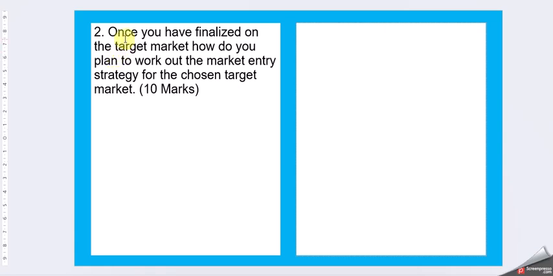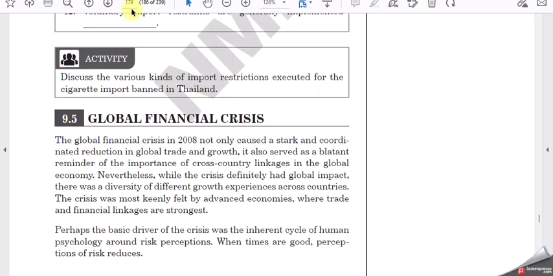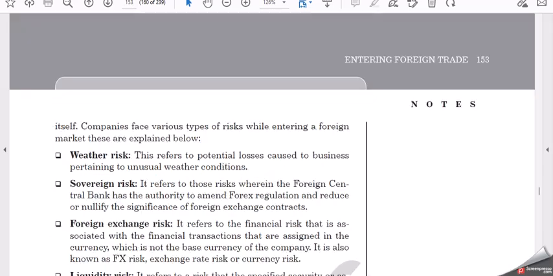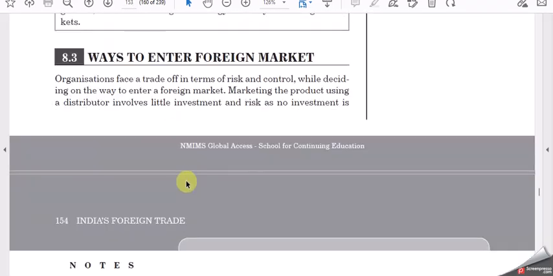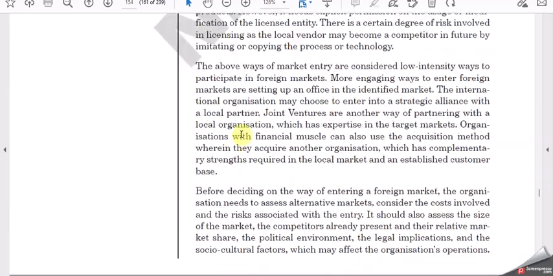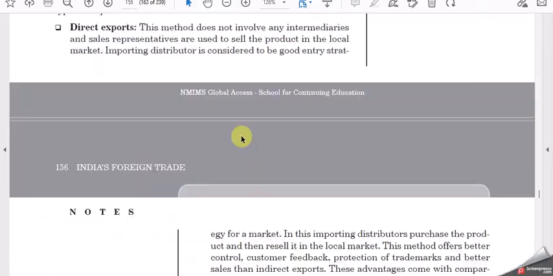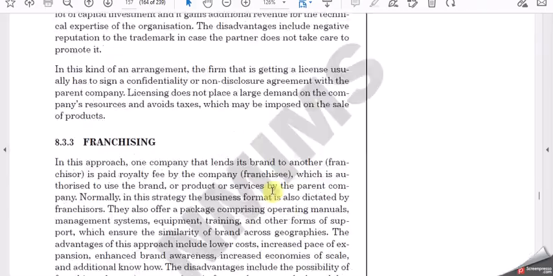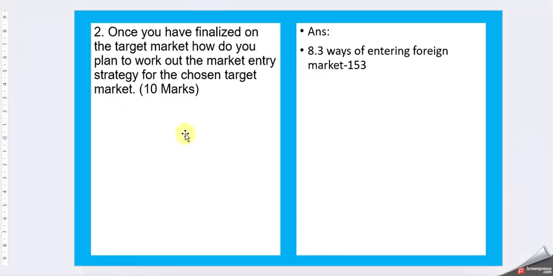Okay. Question 2. Once you have finalized the target market, how do you plan to work out the market entry strategy for the chosen target market? There are ways of entering the markets, and here you have good information on ways to enter the foreign market. There are different ways of entering.